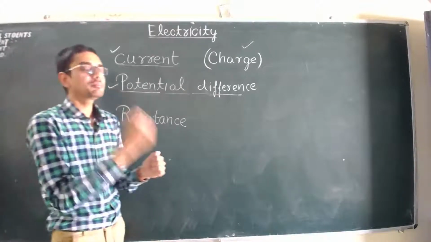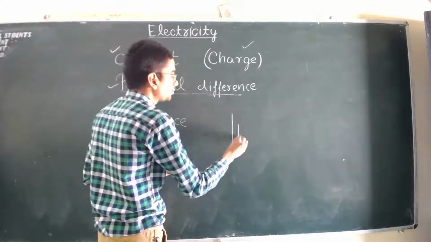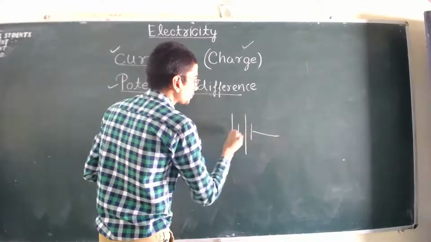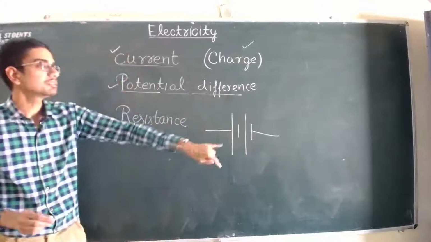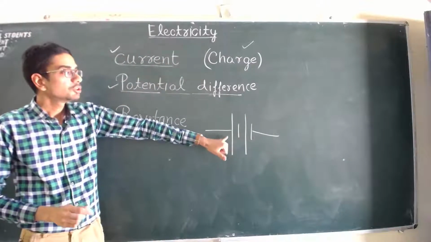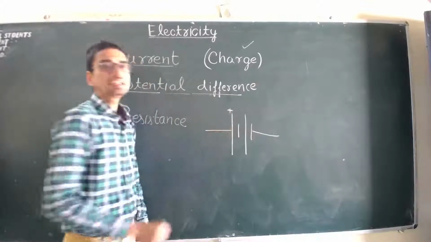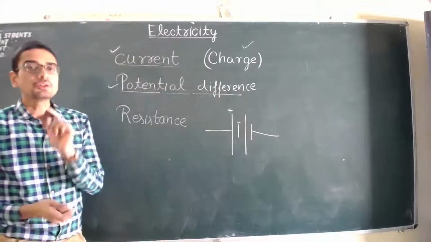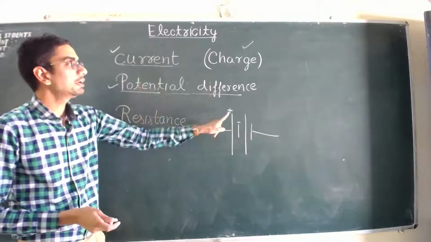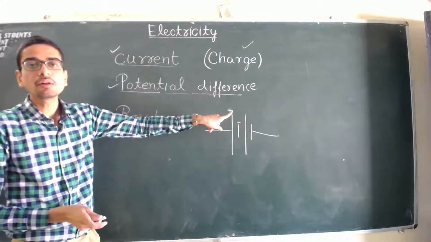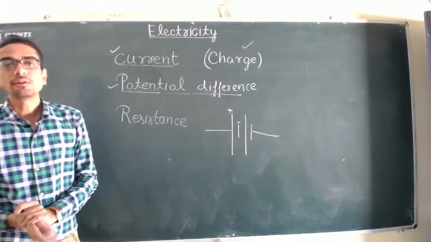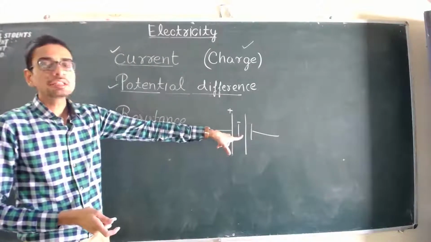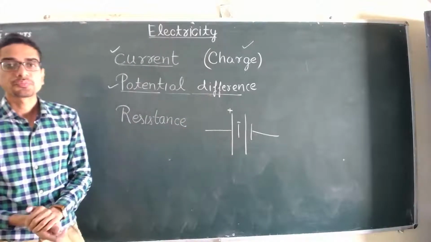आप सभी को बैटरी बनानी आती है. बैटरी कैसे बनाते हैं? This is a battery. आपने starting से पढ़ लिया, बैटरी ऐसे बनाते हैं. You know that the bigger line is the positive terminal and the shorter line is the negative terminal. Positive terminal is the terminal of high potential, and negative terminal is the terminal of low potential.